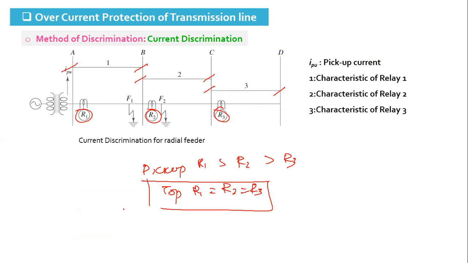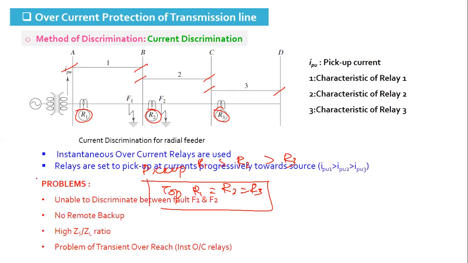But what is the drawback? There are many drawbacks. They are not able to discriminate between end zone faults. The relay will overreach. It does not provide remote backup, because the pickup of a relay is greater than the downstream relay, and therefore they will not provide backup. They are affected by the ZS by ZL ratio, where ZS is the source impedance from the source point to the relaying point for this relay, and ZL is the impedance from the relaying point to the fault point.